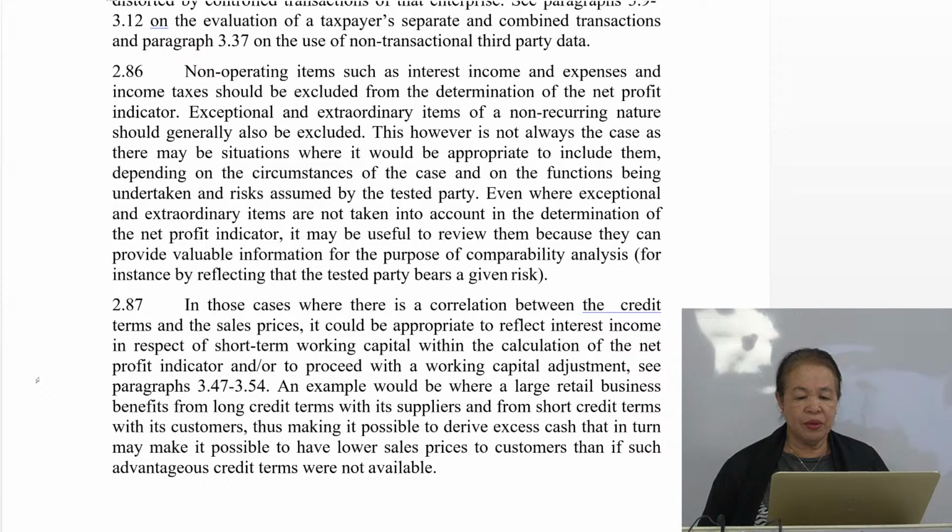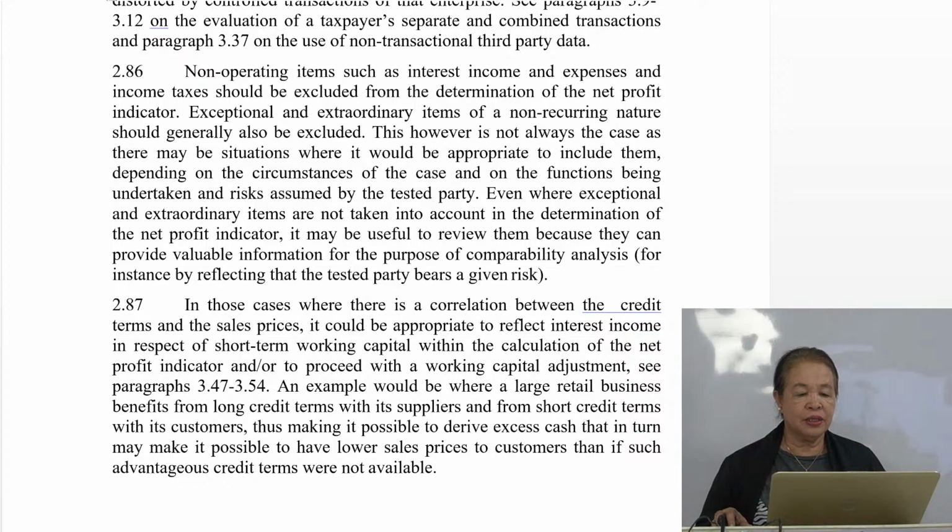So even where exceptional and extraordinary items are not taken into account in the determination of the net profit indicator, it may be useful to review them because they can provide valuable information for the purpose of comparability analysis. For instance, by reflecting that the tested party bears a given risk, no?